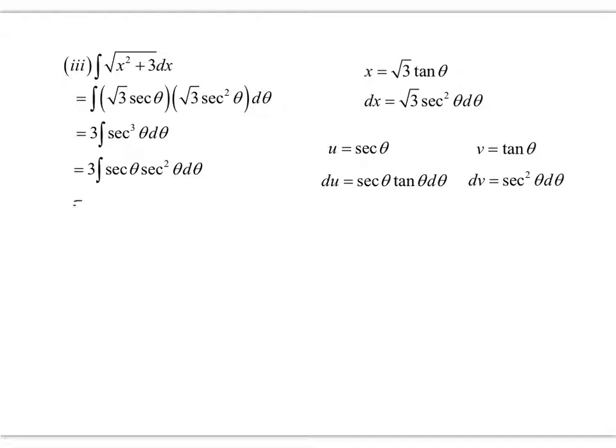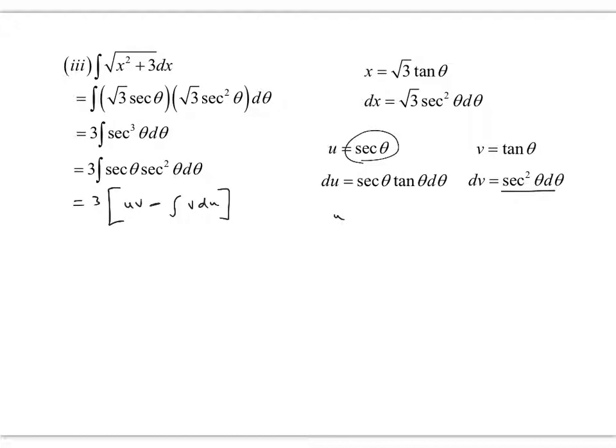Remember, this is 3 outside of uv, take away the integral of v du. Choose your dv to be something that you can integrate, hence why we've got the sec squared. Integrating that, you get tan, and differentiating sec, you differentiate 1 over cos.